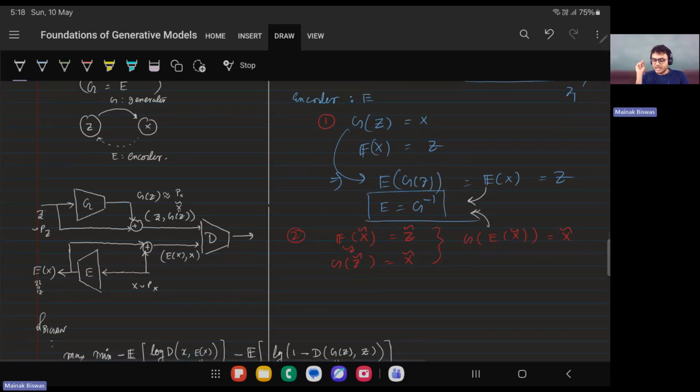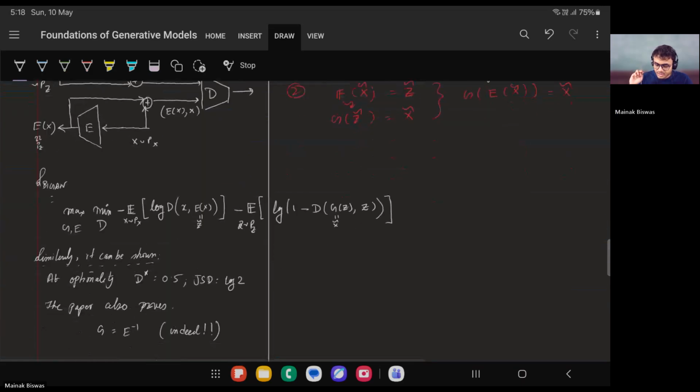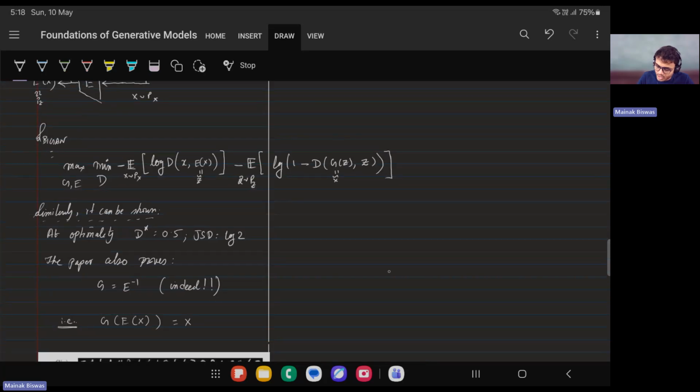So now how would I do that? I would do that using the following architecture. You can see the architecture there, but I'll draw the architecture over here. So the architecture is, I have this encoder. You can see the loss later. And this encoder is going to take values of X from Px, the data distribution, and output Z, which will be in the PZ distribution.